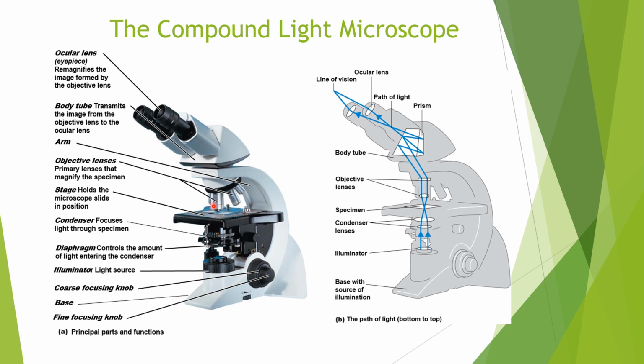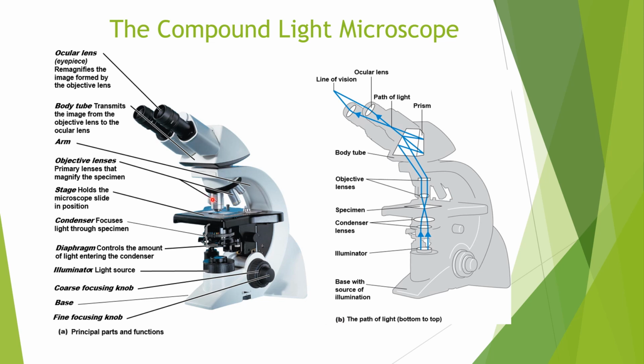Let me give you an example. Let's say you are going to use the oil immersion lens, which is 100x, meaning it can magnify your image up to 100 times. And your ocular is magnifying your image 10 times. The oil objective is magnifying it 100 times.